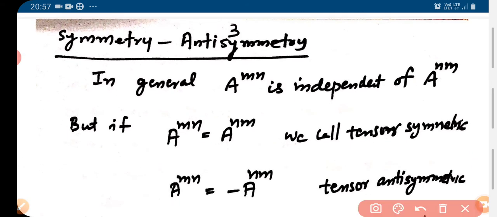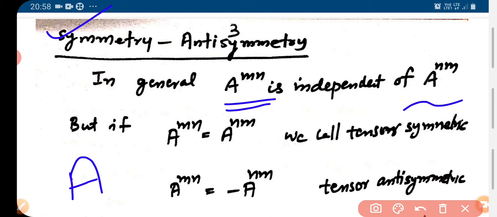Symmetry and antisymmetry. In general, if you take the components of a second rank tensor A, Amn, it is generally independent of Anm. Generally they are independent, they may not be equal. But if Amn is equal to Anm, then we say the tensor is symmetric.